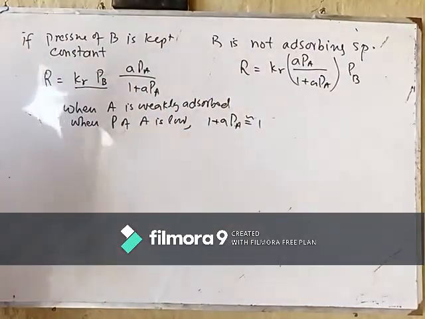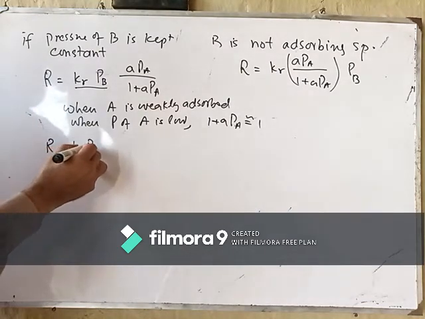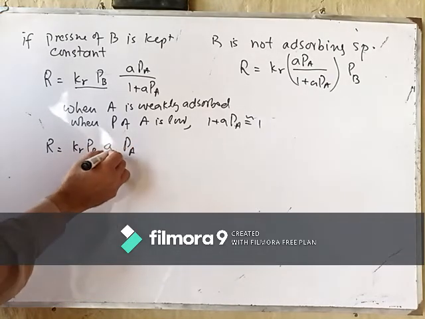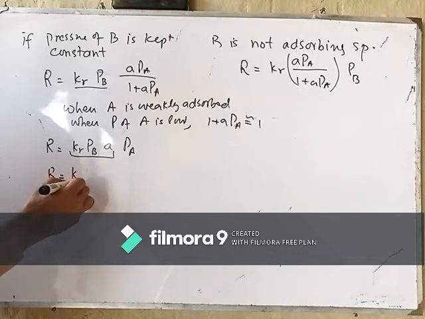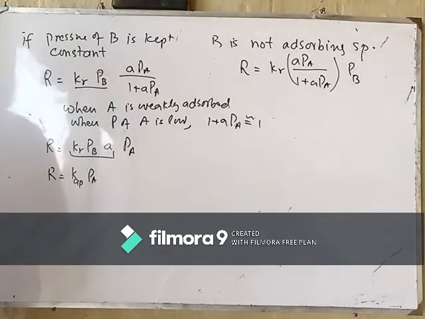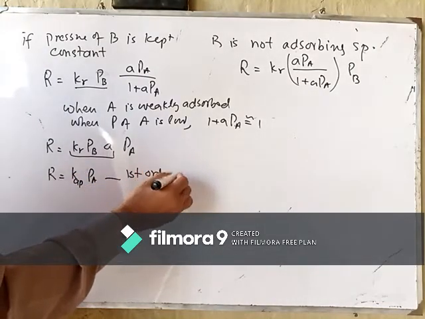So we get R is equal to KR PB A and PA. ये सारे कांस्टेंट कंबाइन कर लेते हैं, so we get K apparent and PA. So this is a first order equation.